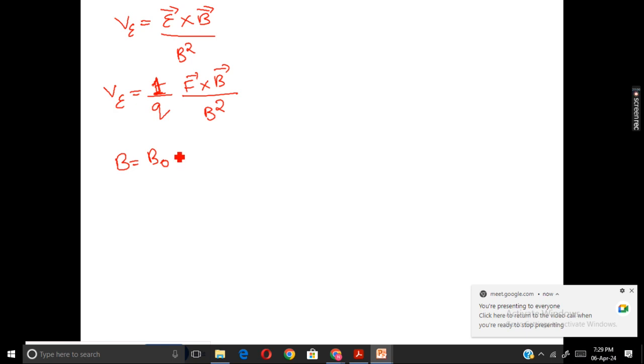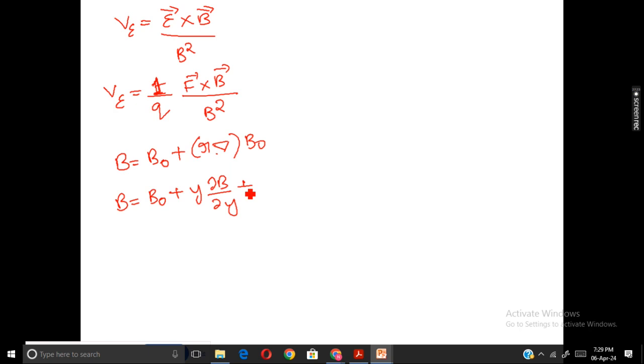Since the change is in the y direction, we can write B is equal to B0 plus y dou B by dou y, because dou B by dou x and dou B by dou z are 0. Higher order terms will also be there, but we can neglect them, and it reduces to B is equal to B0 plus y dou B by dou y.